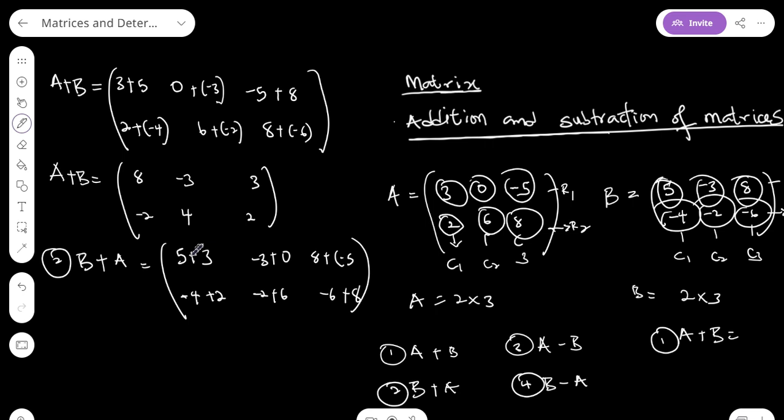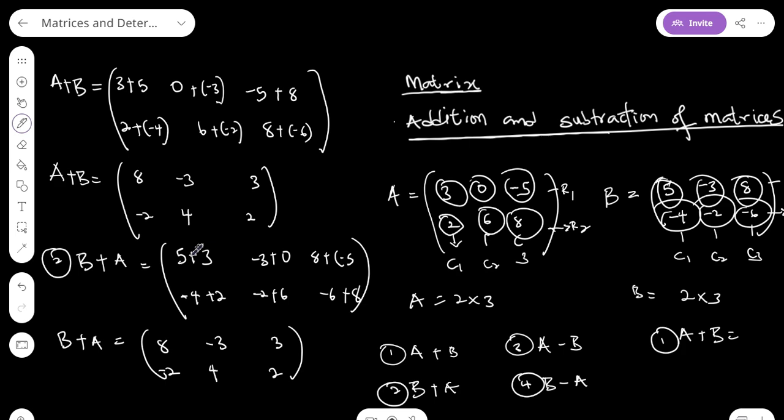So if you do that, B plus A will equal 5 plus 3, that is 8, minus 3 plus 0, that is minus 3, 8 minus 5, that is 3. Minus 4 plus 2 is minus 2, minus 2 plus 6 is 4, minus 6 plus 8 is 2.